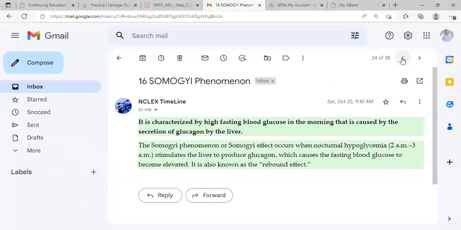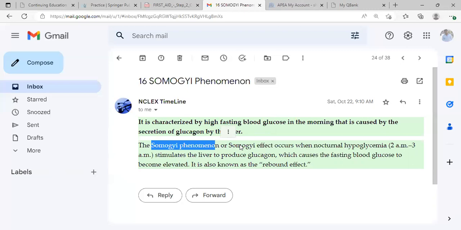So what next? Next here, it is characterized by high fasting blood glucose in the morning. That is caused by the secretion of glucagon by the liver. And this is a medical phenomenon for diabetic patients. It is called the Somogyi phenomenon or Somogyi effect.